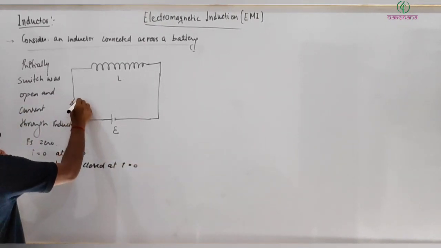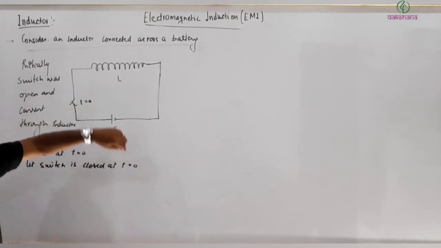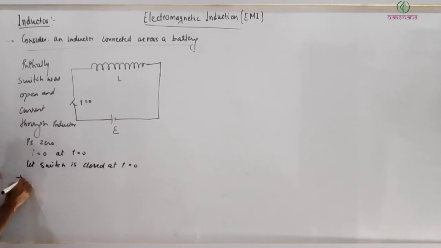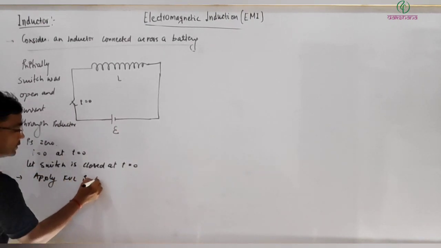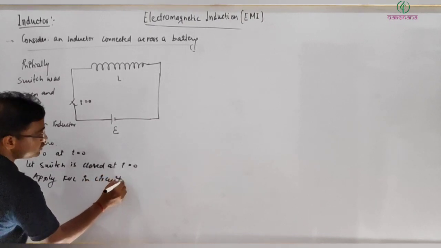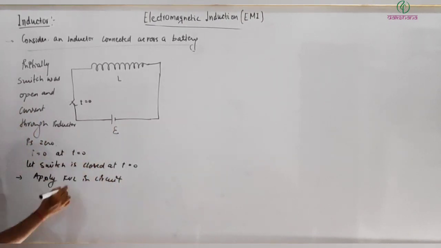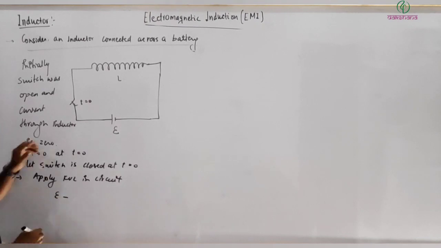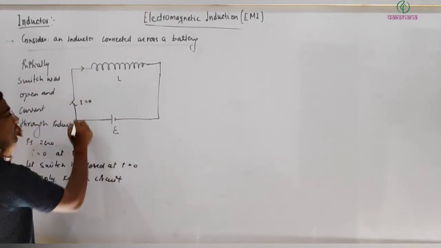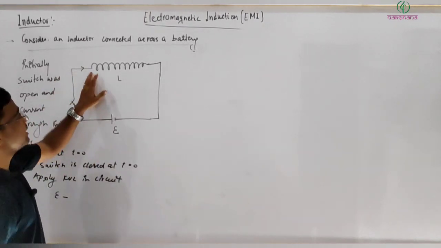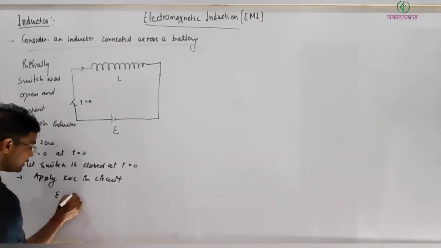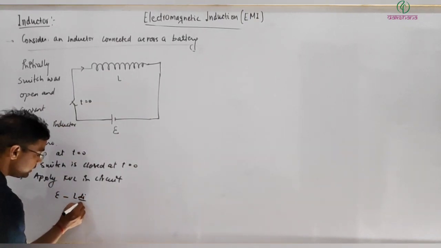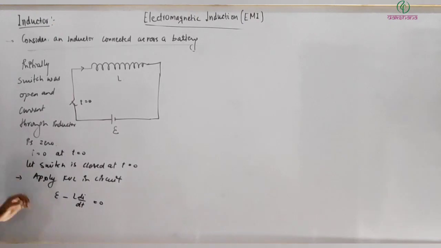If the switch is closed at t equal to 0, then I can go in the circuit and apply KVL. Starting from here I can go plus E, then current assumed flowing this way, so I am going in the direction of current, so I can write minus L di by dt equal to 0.